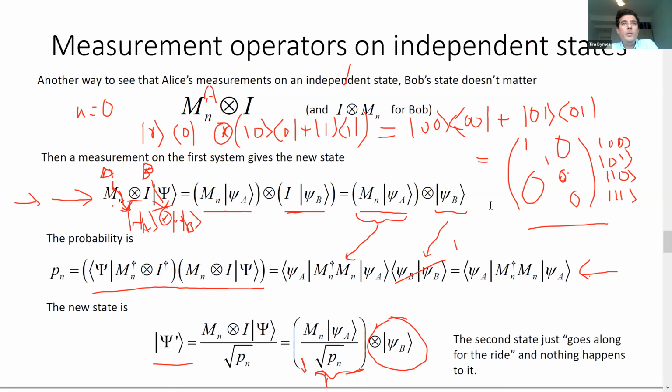So if you want to measure, say, a two-particle system, then maybe I'll just have another go at this, right?